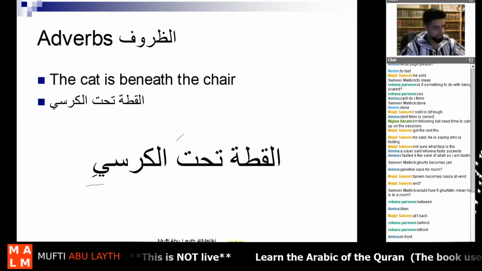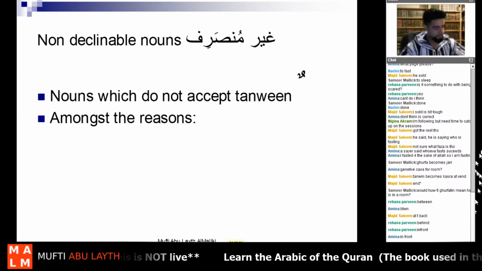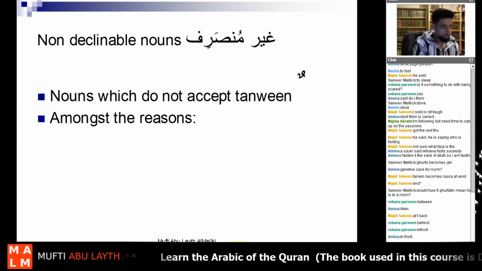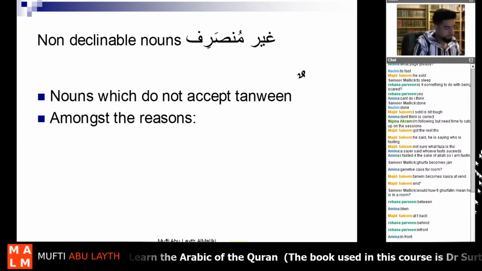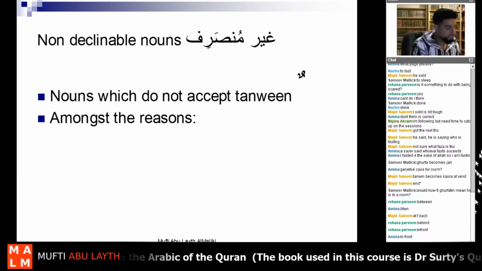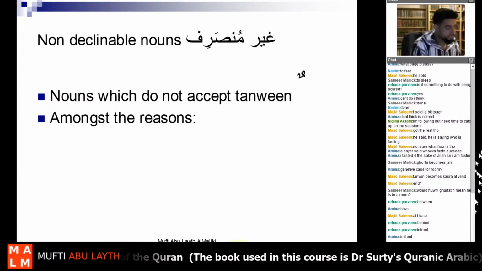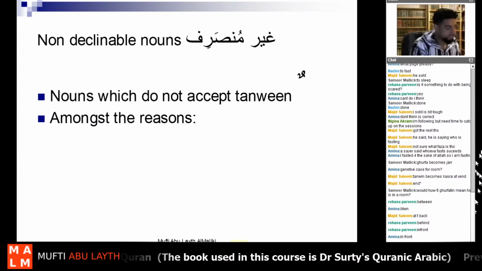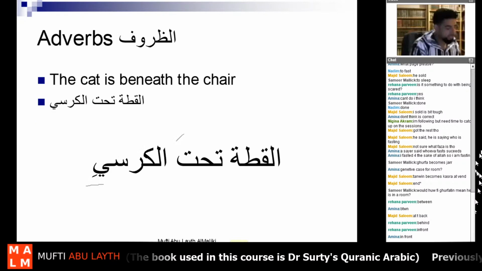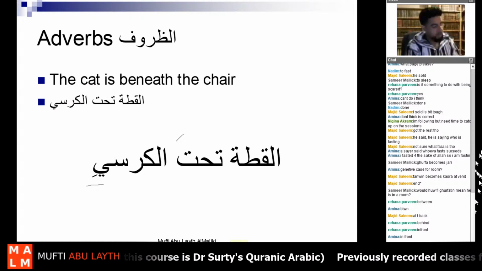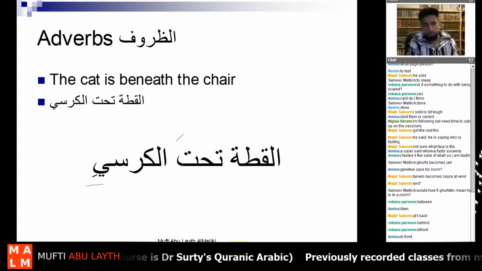Right, so now, that said, that's kind of covered our zuruf really. Before we move on, take a look at page 184, zuruf adverbs. You've got an example with a sentence: As-sama'u fawqa al-ard wal-ardu tahta as-sama'.